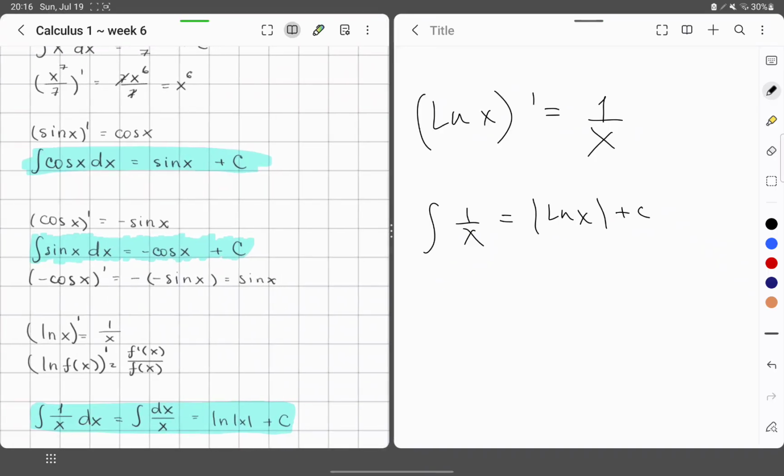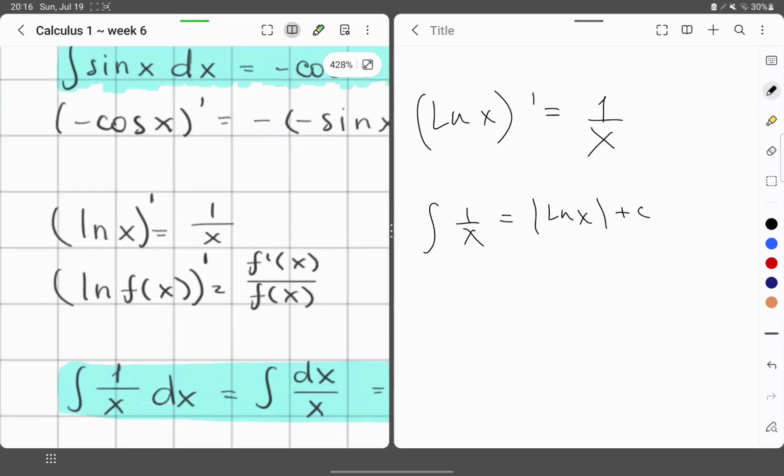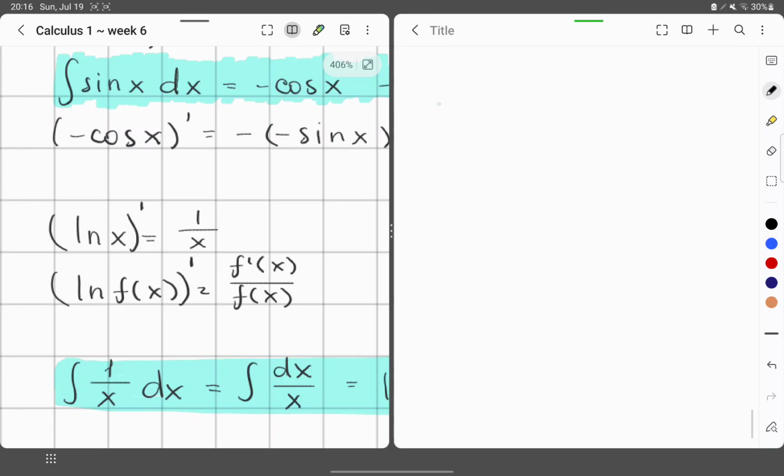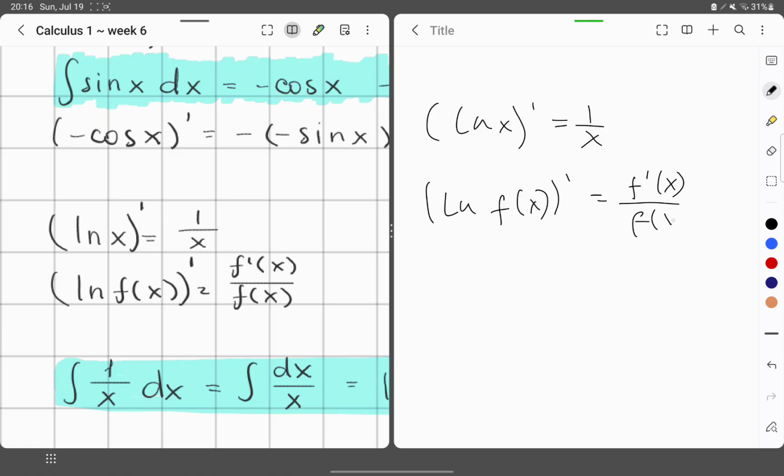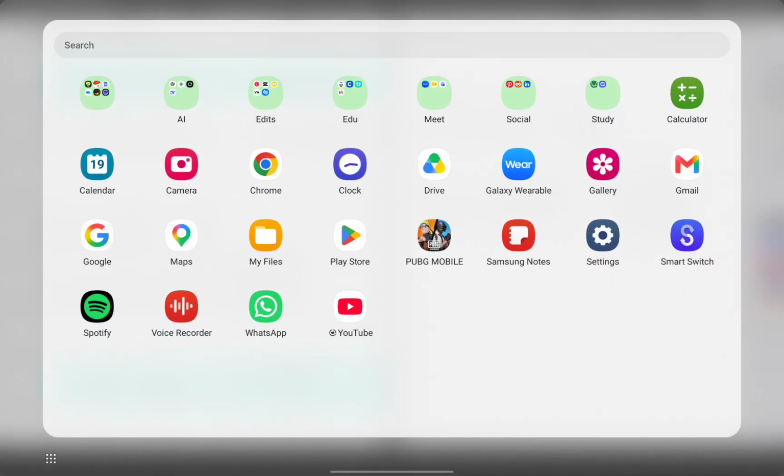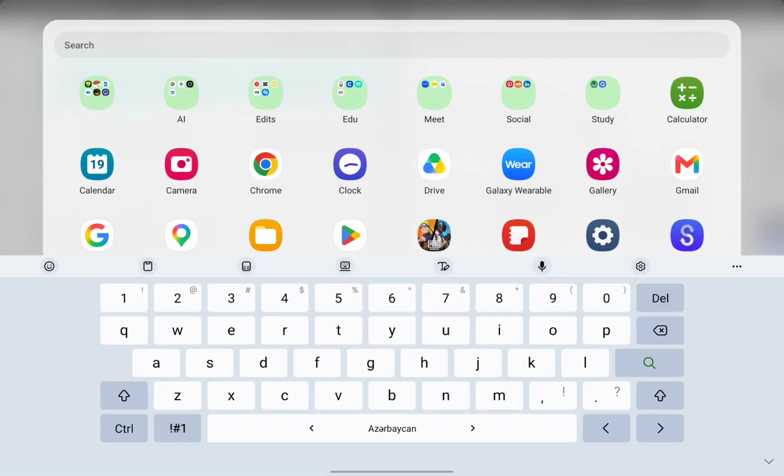Okay, I remembered the derivative of ln x equals 1 over x, and the derivative of ln f of x equals f'(x) over f(x). I don't know why, but I just remember this rule, so let's learn it.